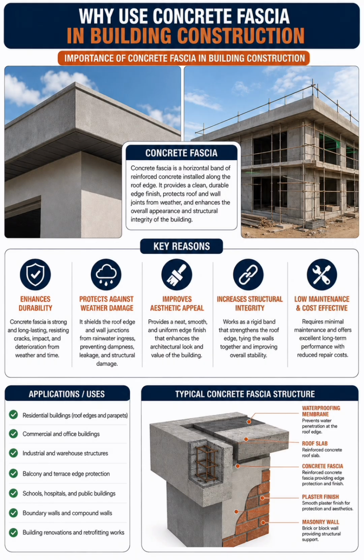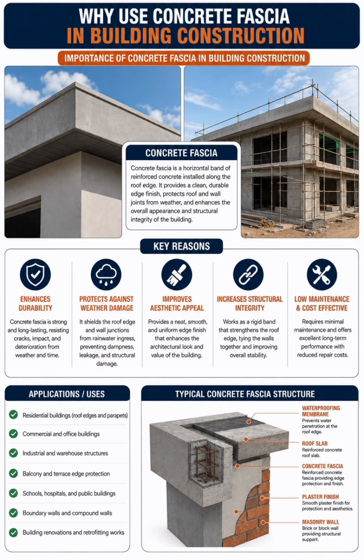Then we have the roof slab, reinforced concrete roof slab, still part of your concrete fascia. Then we have the concrete fascia itself, which is reinforced concrete fascia, providing edge protection and finish.